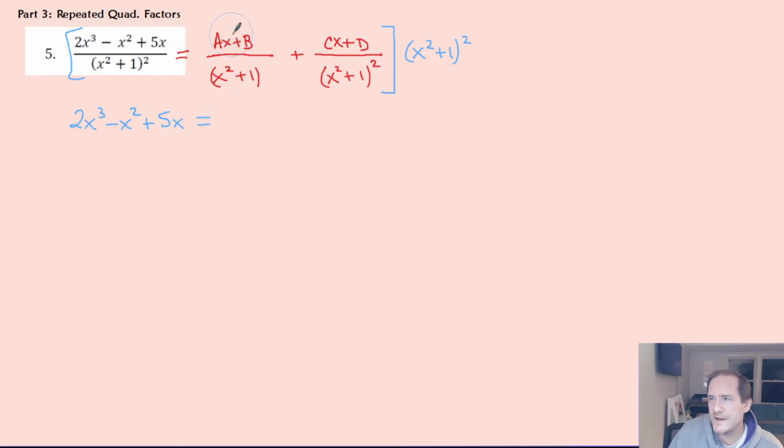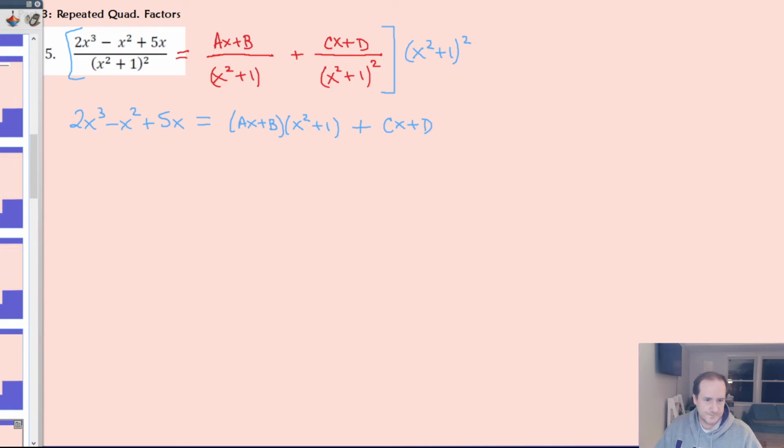Then you get the ax plus b. One of the x squared plus 1s cancels, but you still have another x squared plus 1. That's going to multiply the ax plus b, so you'll have to FOIL that out. Then here, this whole thing cancels, so you get the cx plus d.